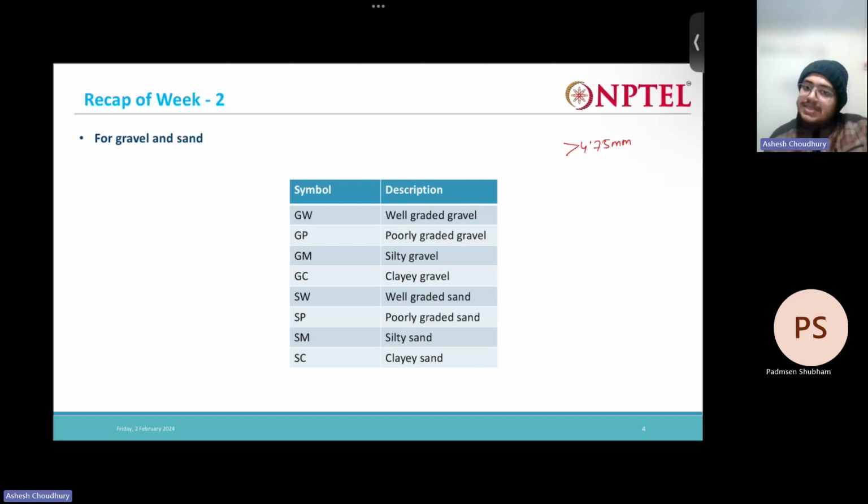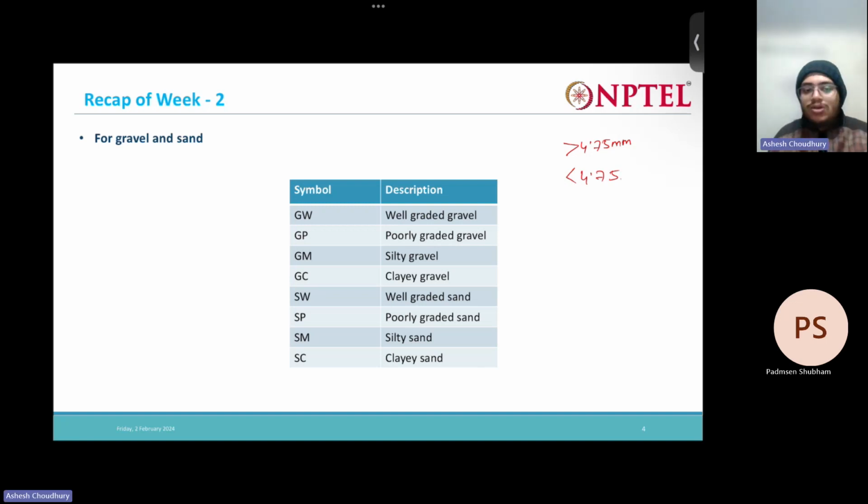If the particle size is lesser than 4.75 mm but greater than 75 microns, that is 0.075 mm, then that is sand. If the particle size is greater than 4.75 mm, we call it gravel.